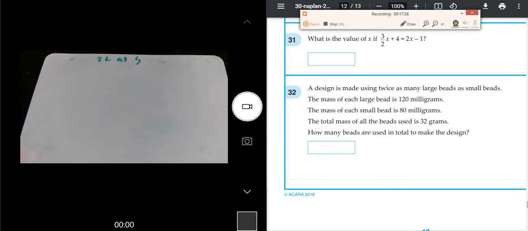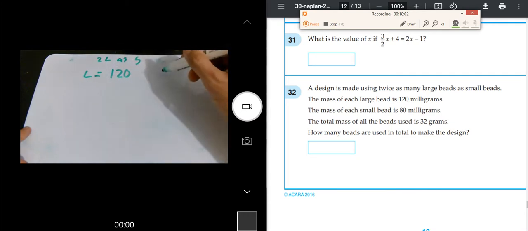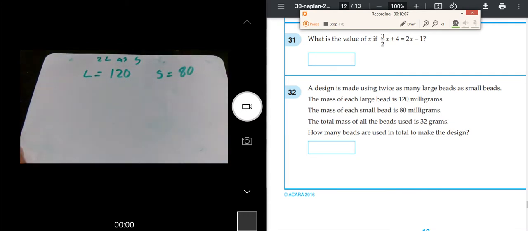Because the large bead weighs 120 while the small weighs 80, this is actually a 50% difference between the two, and this is done by doing 120 divided by 80.